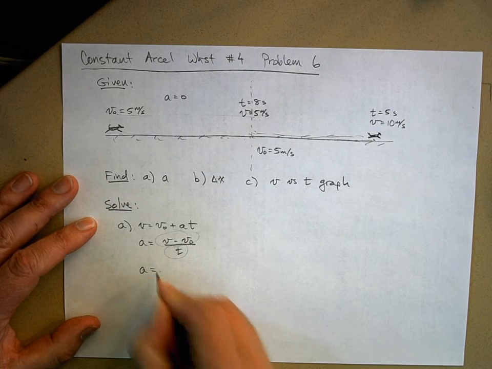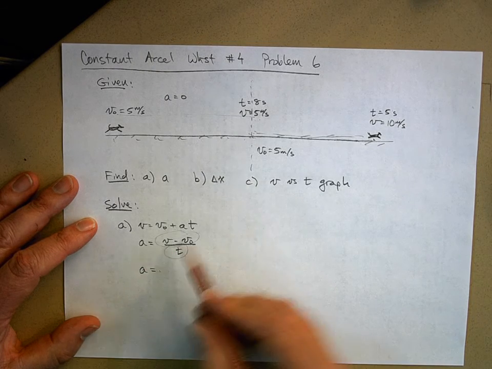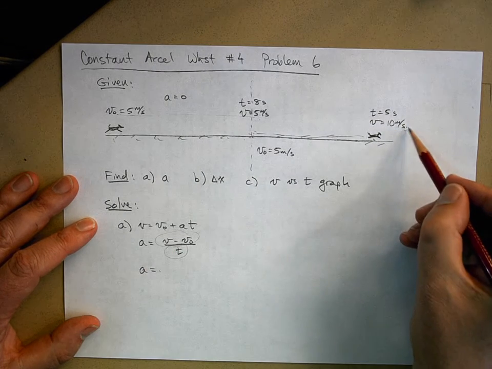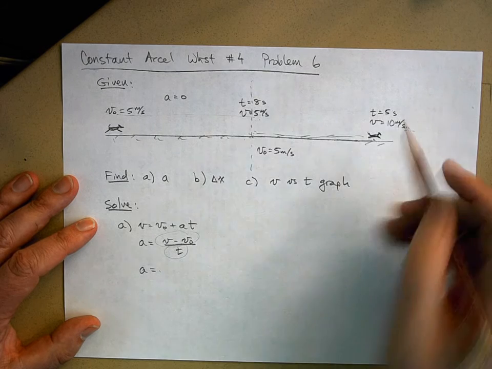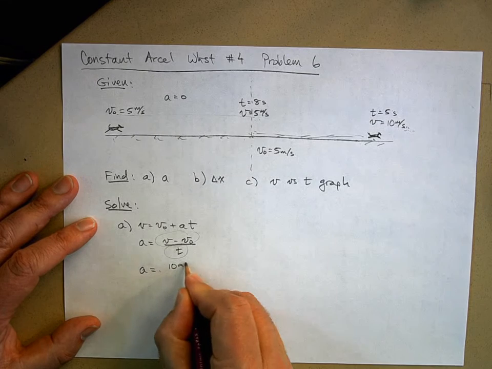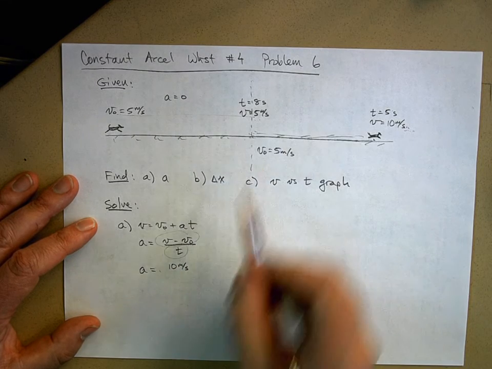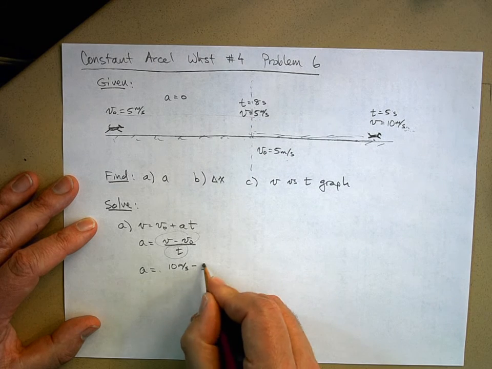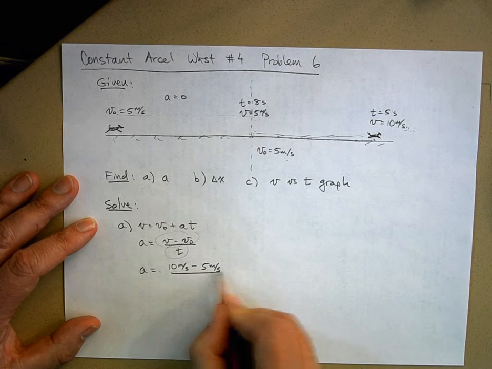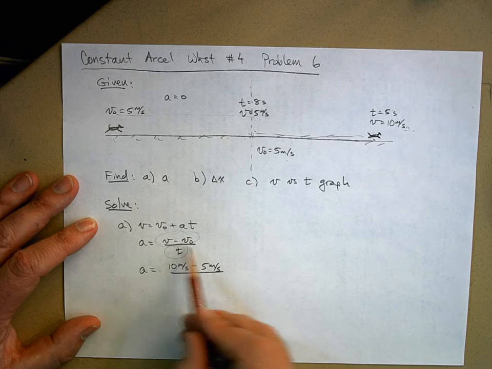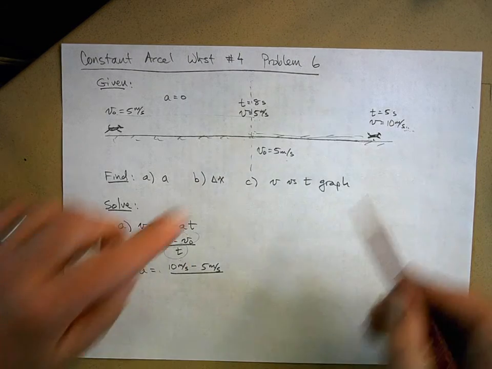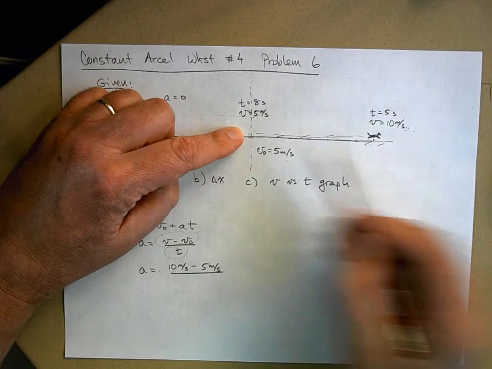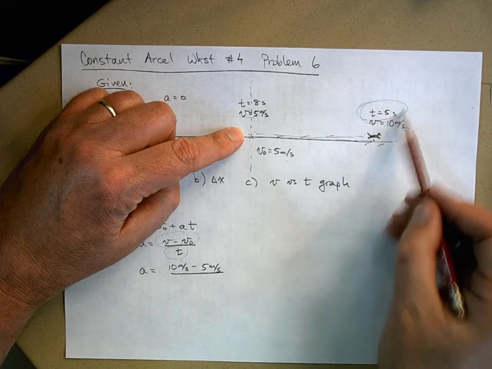Now I'm going to plug in my values. My final velocity, I'm talking about over here at the very end, was 10 meters per second. My initial velocity was right here. It was 5 meters per second, divided by time. Now this is talking about the time interval in which the acceleration was constant from here to here. So that's a time of 5 seconds.